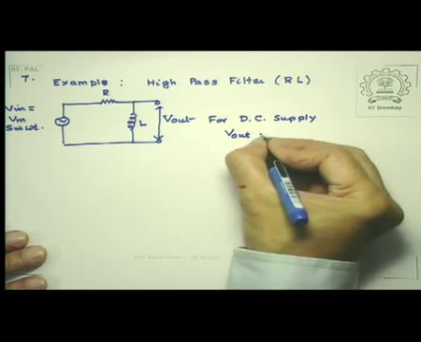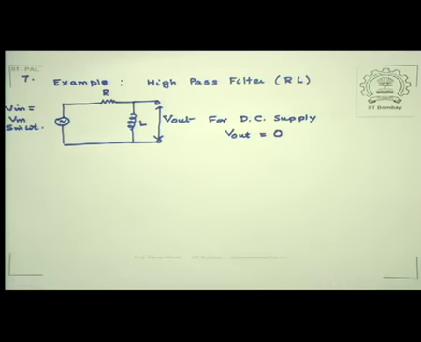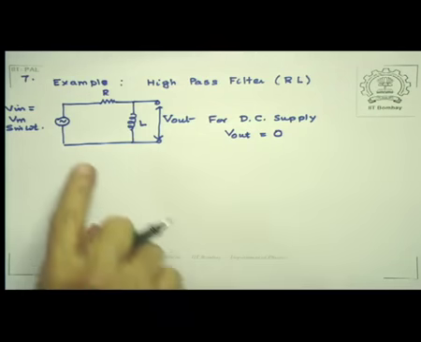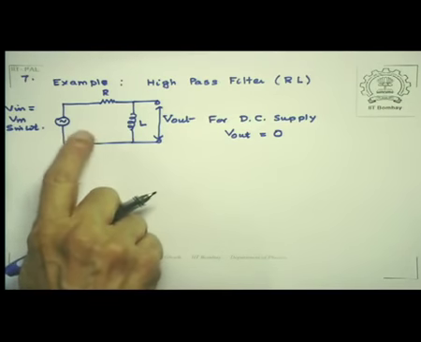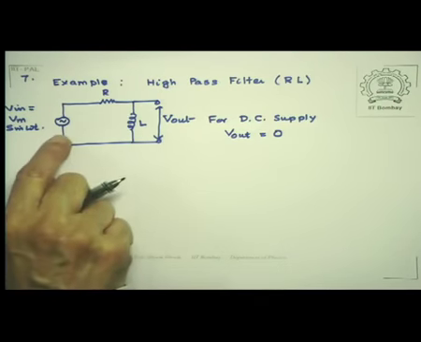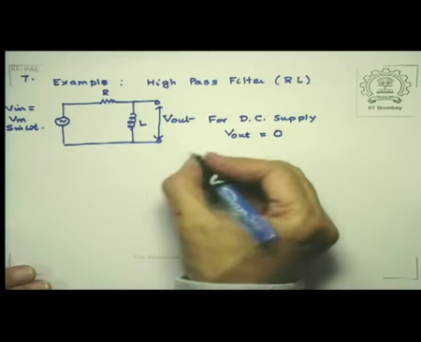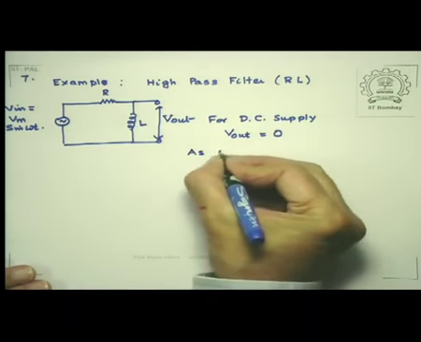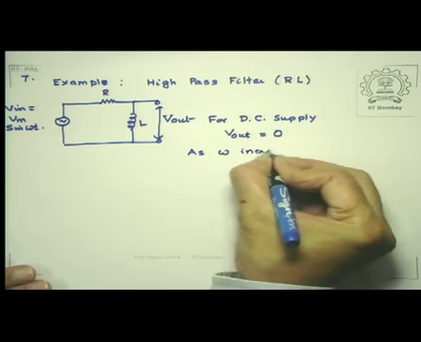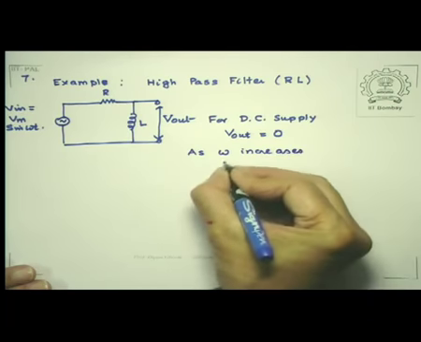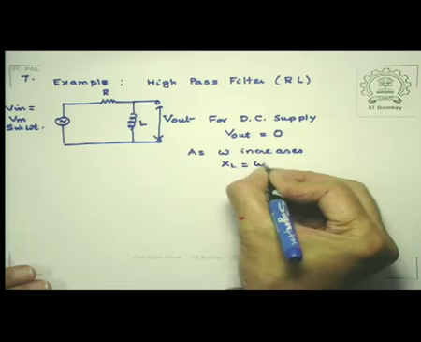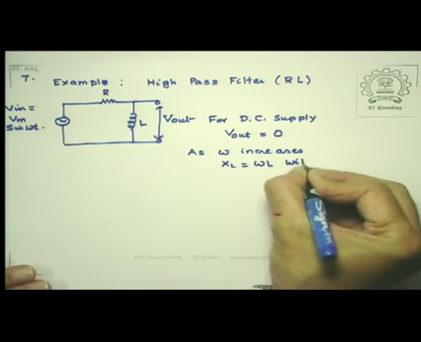Let's see what happens now, that as you increase omega, XL will increase. As omega increases, XL, which is omega times L, will increase.